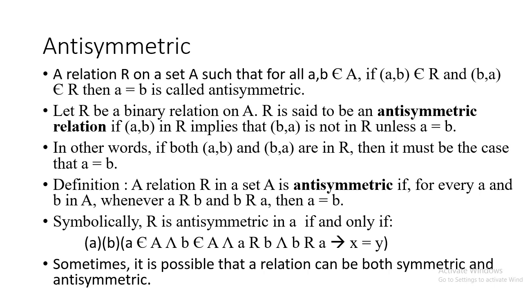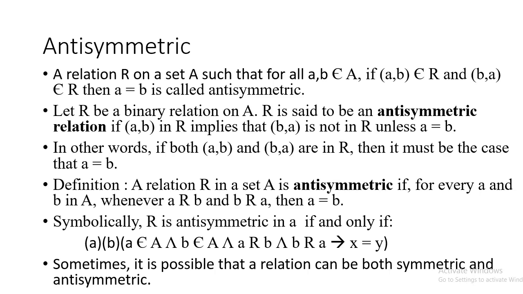Let R be a binary relation on A. R is said to be an antisymmetric relation if the pair (a, b) in R implies that (b, a) is not in R unless a is equal to b. See this statement carefully, because our relation is called antisymmetric when (a, b) is included in the relation R, but (b, a) is included in R if and only if a is equal to b.